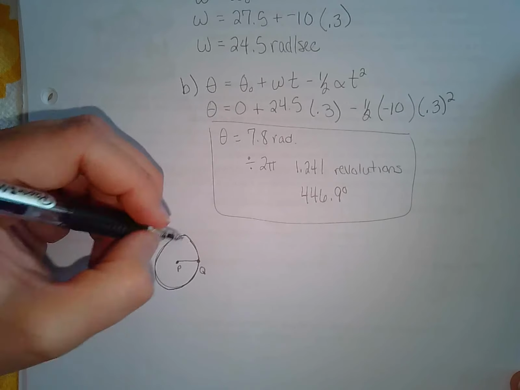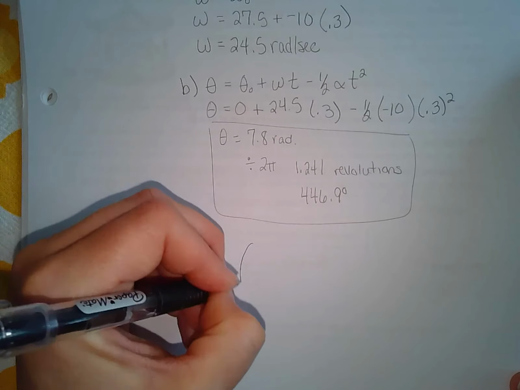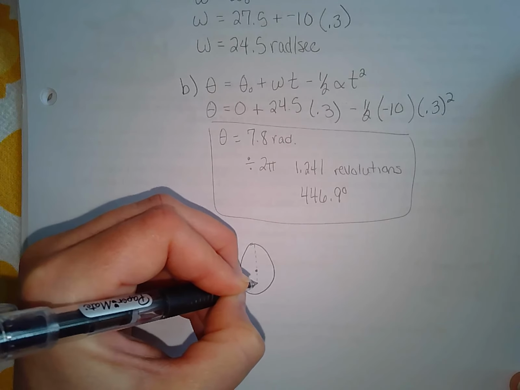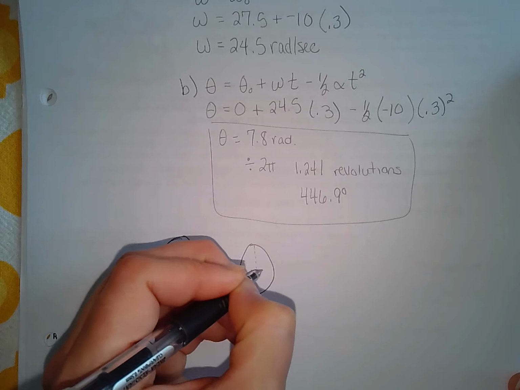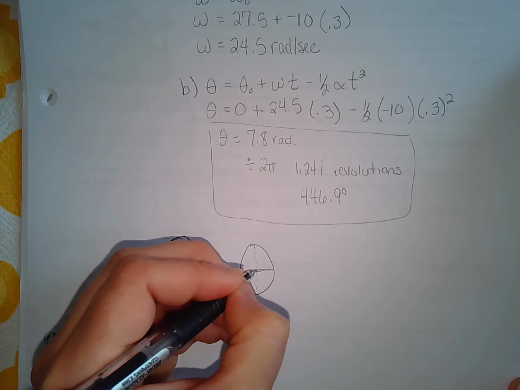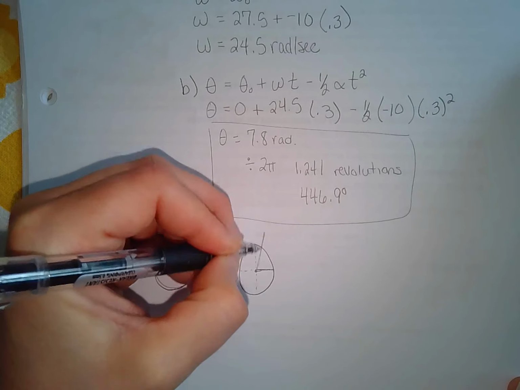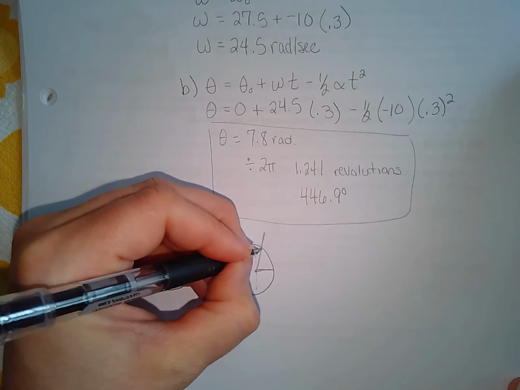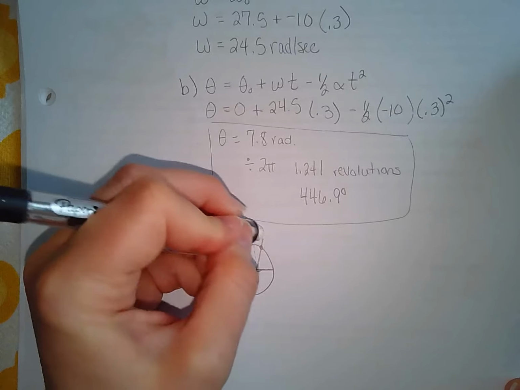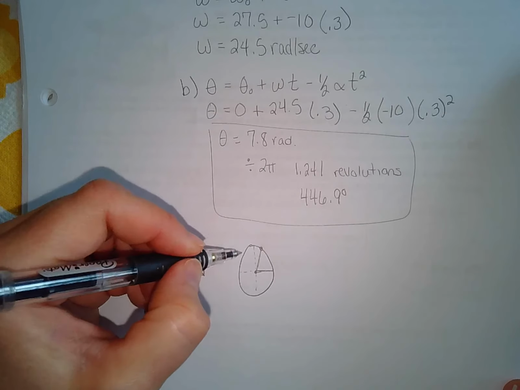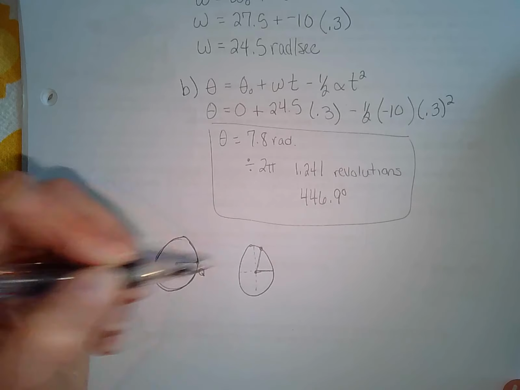So the question is, where is my line now? Here's the x-axis, right? My line PQ is somewhere here, because it went around a whole turn and a little bit more.